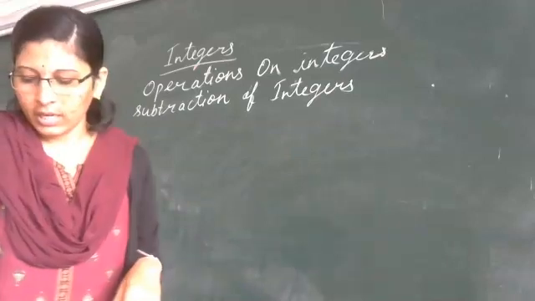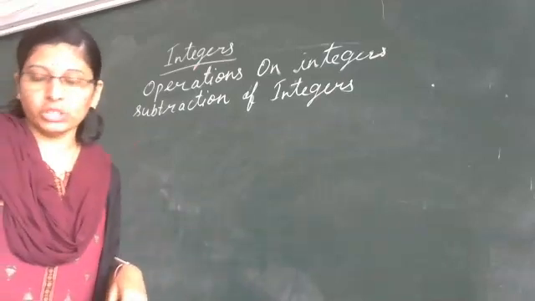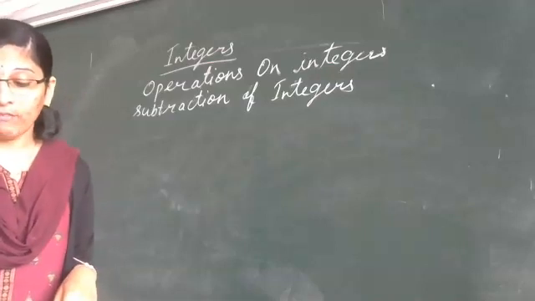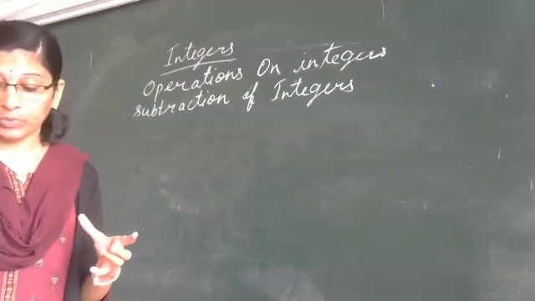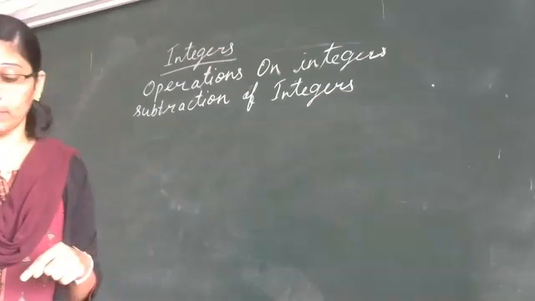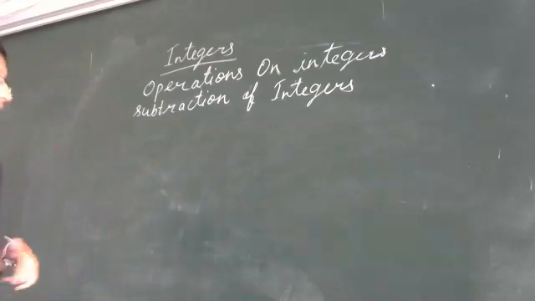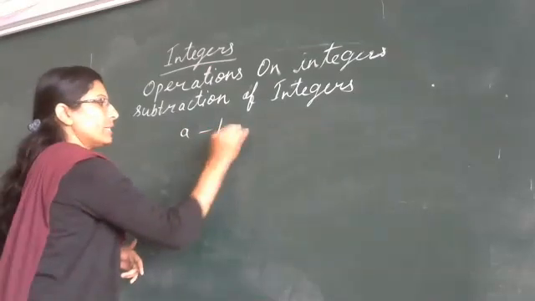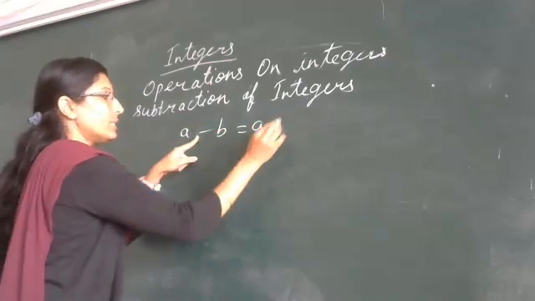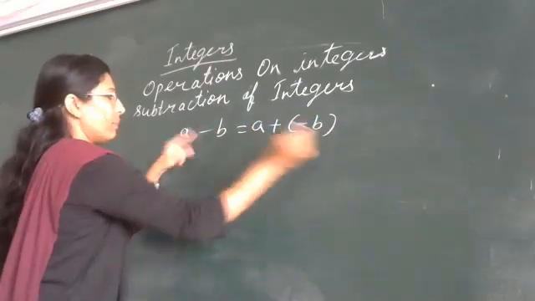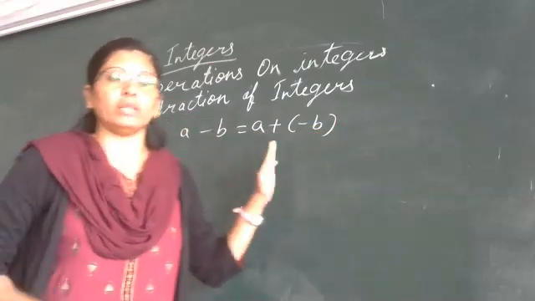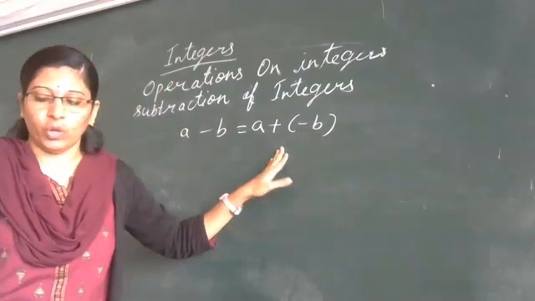In subtraction, we have to change the sign of the integer which is to be subtracted, and then add it to the first integer. Means if it is a minus b, then it becomes a plus minus b. The sign goes to the second number only.